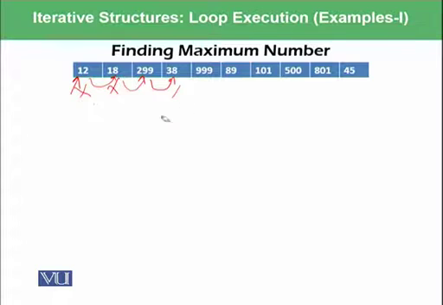So our mind has worked fine when we have only 10 values. However, if we have millions of values and we want to find the maximum number out of those, it would be very tricky and a very lengthy procedure.